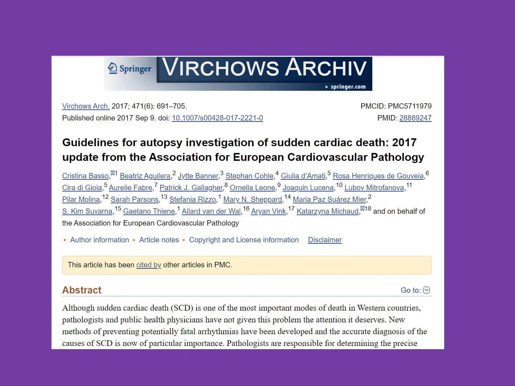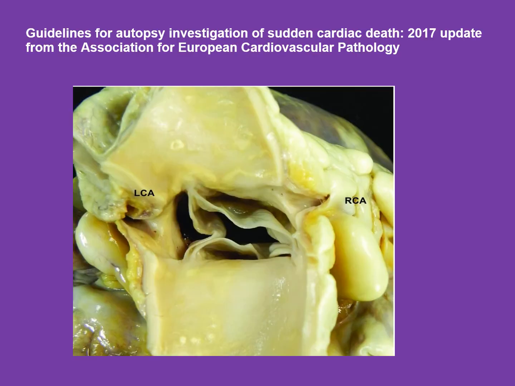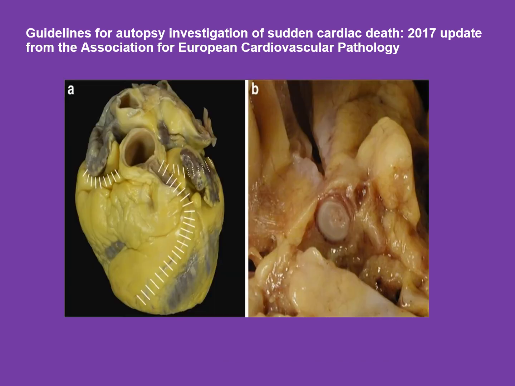So how do you dissect the heart with this one? The guidelines basically say you have to check the left coronary arteries and right coronary arteries for patency. And then you have to dissect that entire stretch of coronary arteries at slices of about 0.1 or 0.2 centimeter, all the way through it.